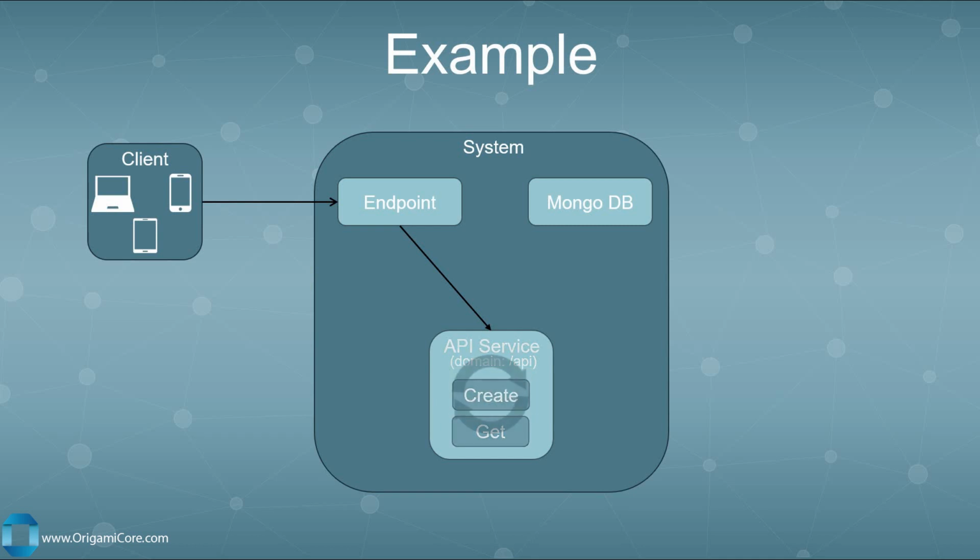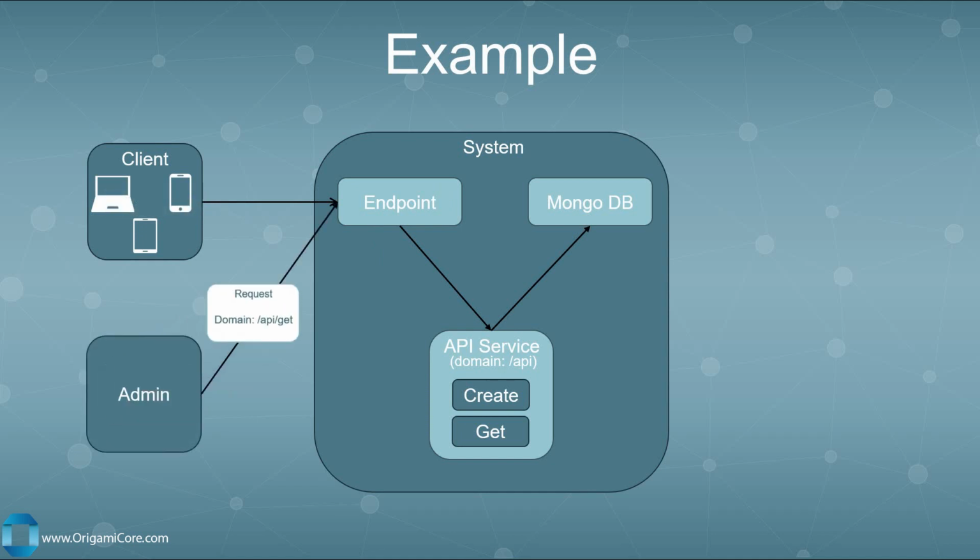The API module sends the message to the Mongo module, which stores it and returns the result hierarchically back to the user. The admin can also receive the information from the server in a similar way.